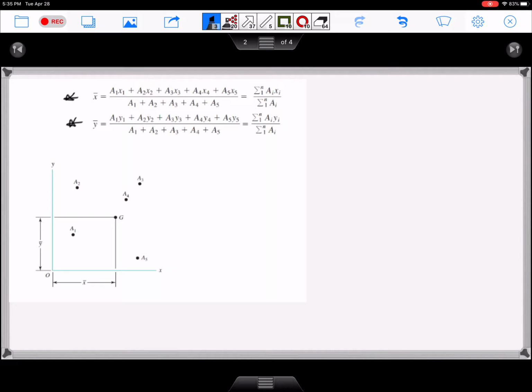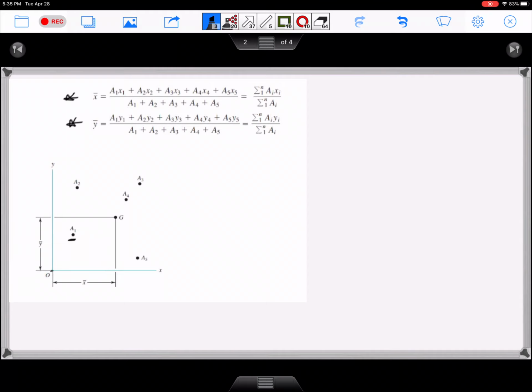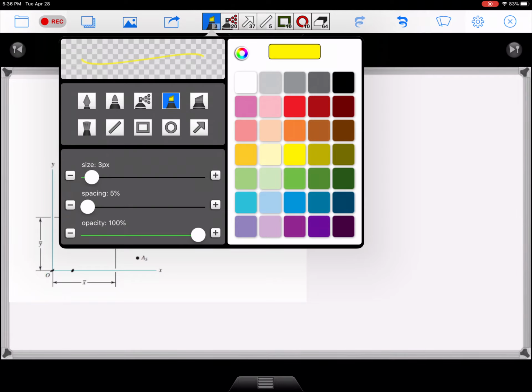You have A1 right here times x1, so you're going from the origin to the centroid of the bolt or pin, and you continue for the second one, A1 times x2, which is the distance from the origin to point 2.